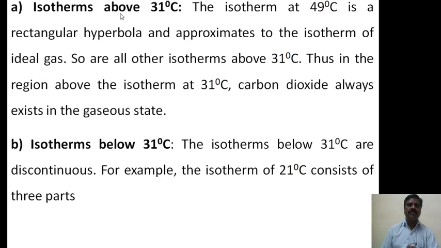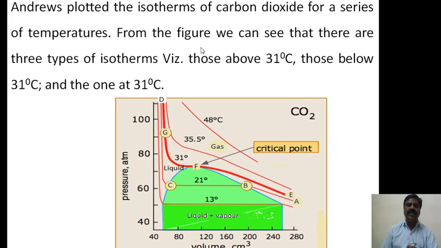For the isotherms above 31 degrees Celsius, here pressure is in atmospheres and here volume, and the series of curves appears. For an ideal gas it becomes a rectangular parabola, but real gases deviate from the ideal gas equation or ideal graph.